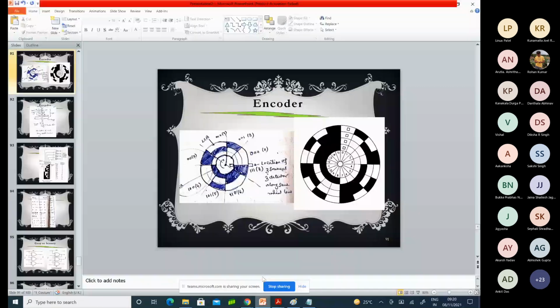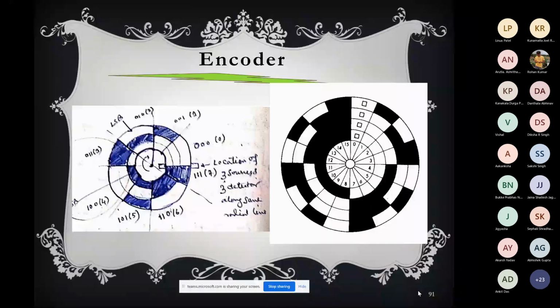If you think about the construction, initially you see that it consists of a disk, and the disk is mounted on a shaft. Obviously there is a disk, and it is placed on a shaft, and this can rotate as per the rotating shaft, and it is made up of glass.